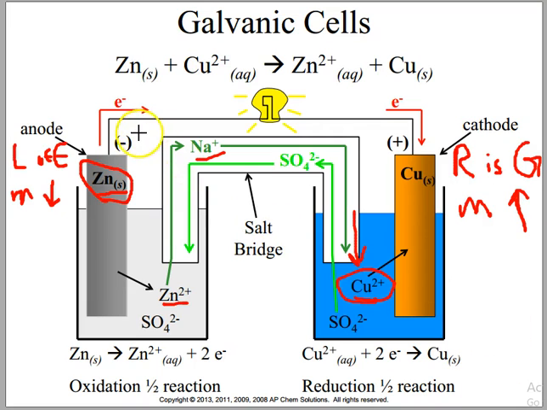Now, you notice that we have the charges here. We don't need to be able to label the charges of this for the AP exam, but just so you know, if we have electrons leaving an area, that's the negative charge. Electrons are attracted to the positive charge. So in this way, the cathode is positive, the anode is negative.